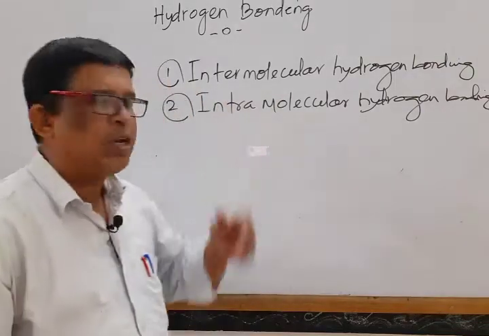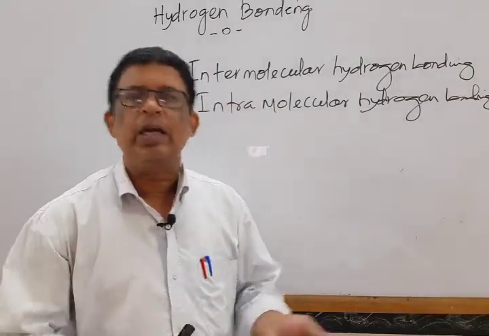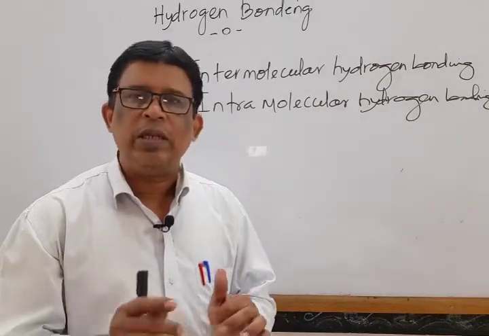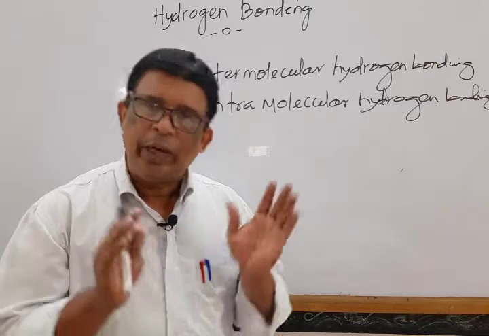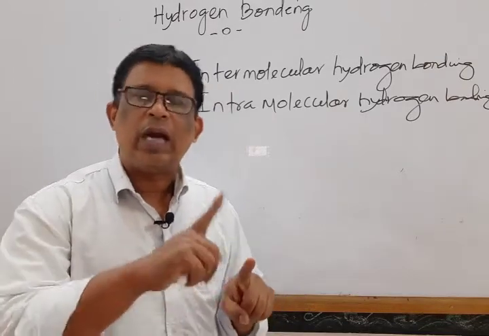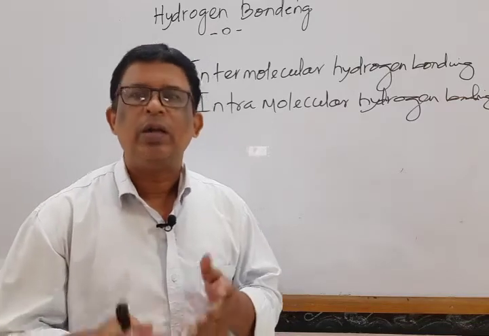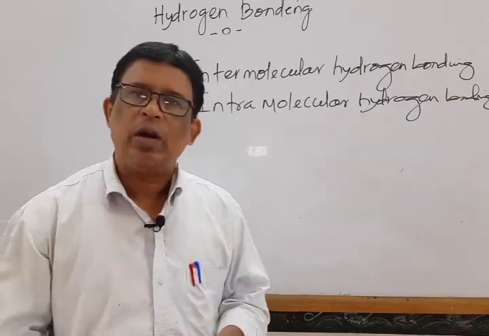So some examples of intermolecular are already completed. Next, switch over to one or two examples of intramolecular, that is within the molecule, a bond between a hydrogen atom and the most electronegative atom, that is fluorine, oxygen or nitrogen.